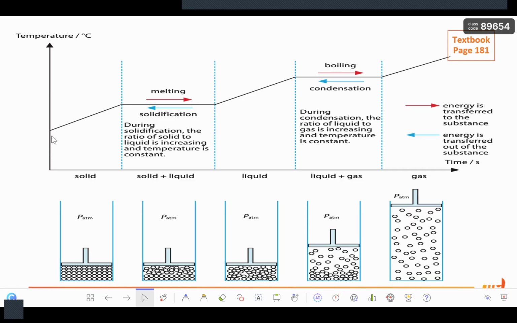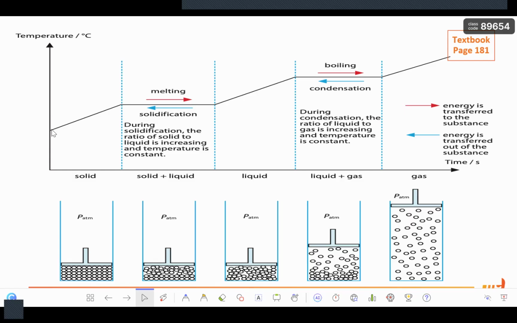As I add heat to it, the first step is the particles in the solid will start to gain kinetic energy, will start to vibrate faster. As it vibrates faster and faster, the kinetic energy of the particles increases. The temperature, which is also linked to the kinetic energy, will increase.